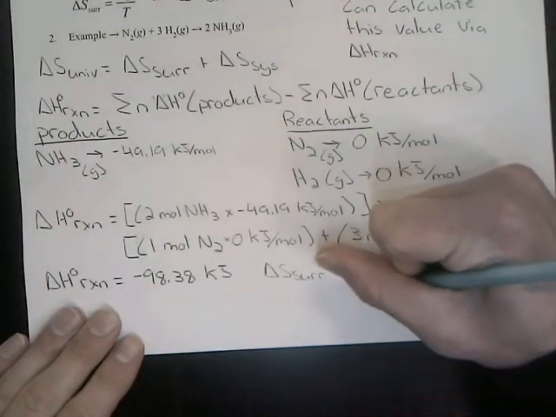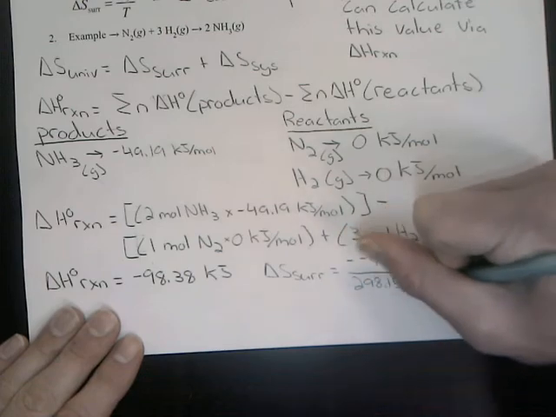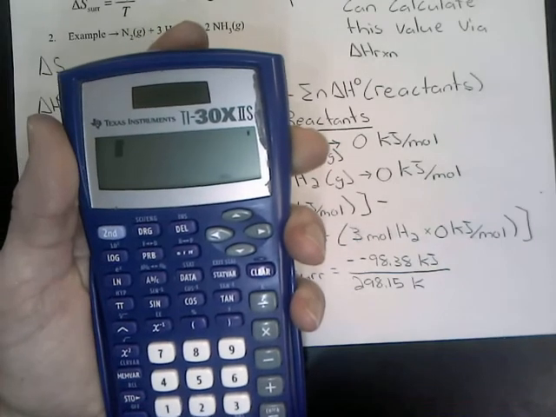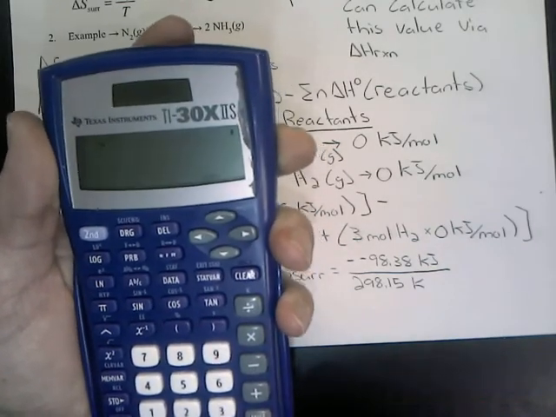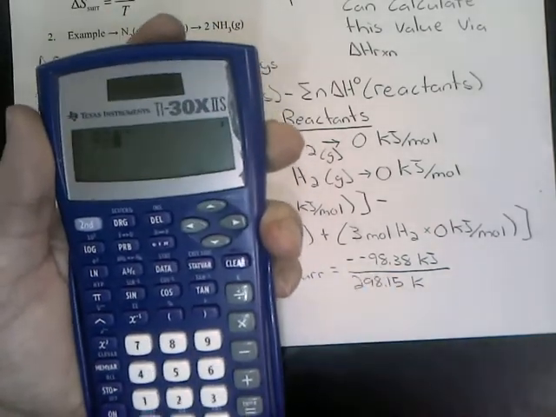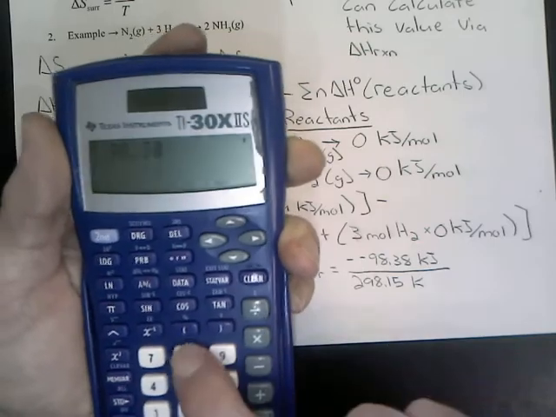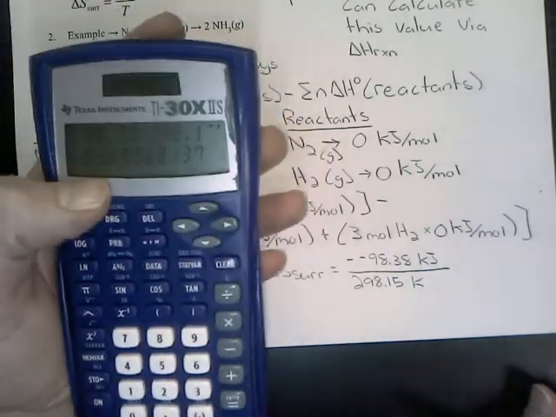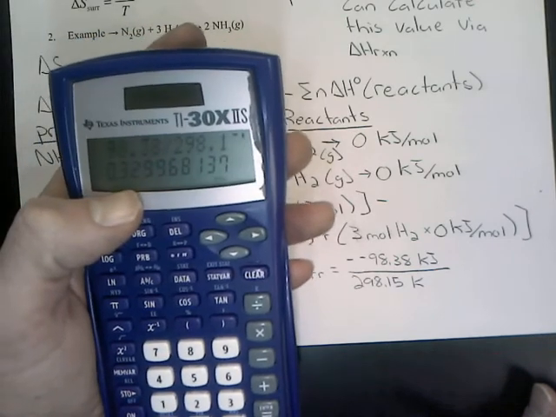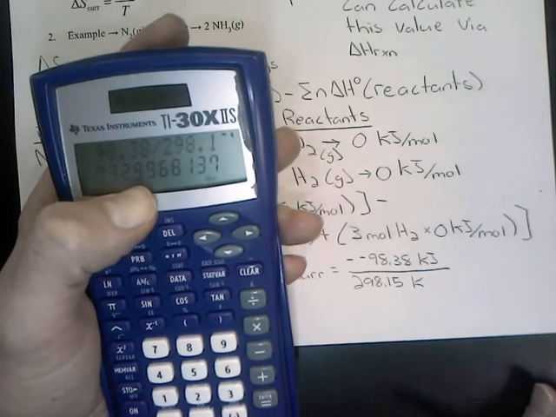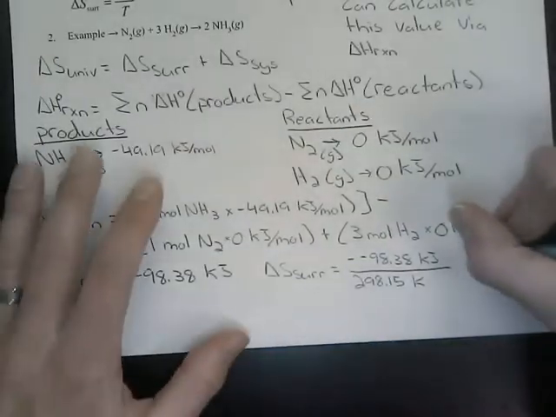So we take negative, which makes a positive, 98.38 divided by 298.15. We press enter and get a value of 0.330.